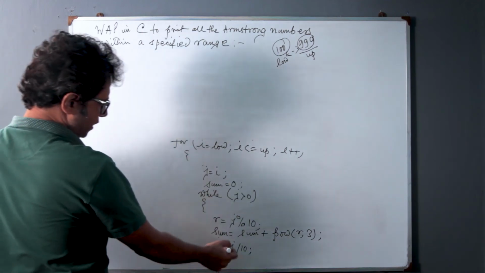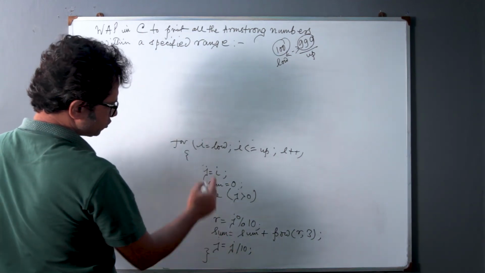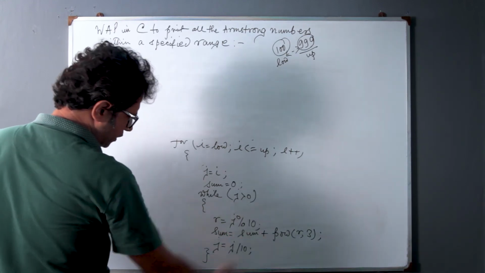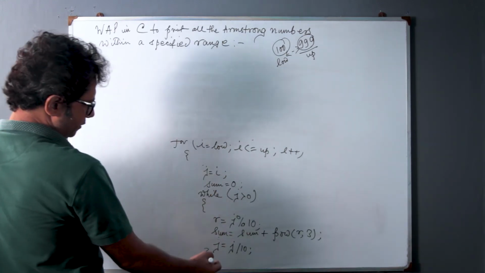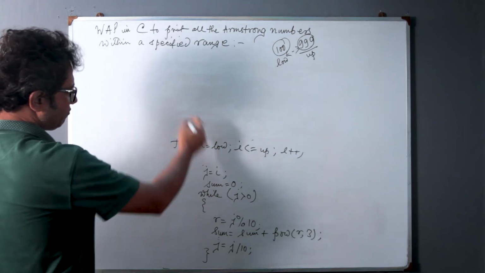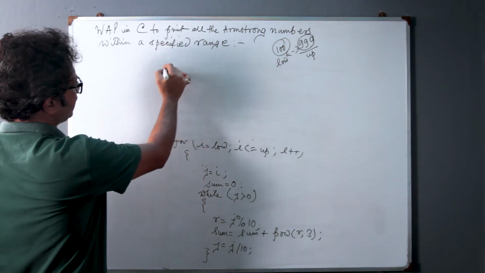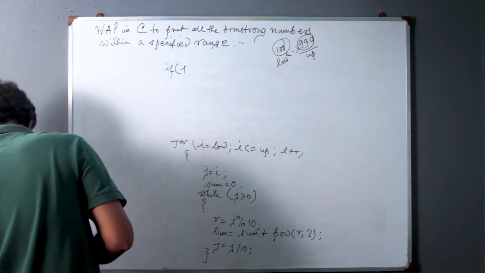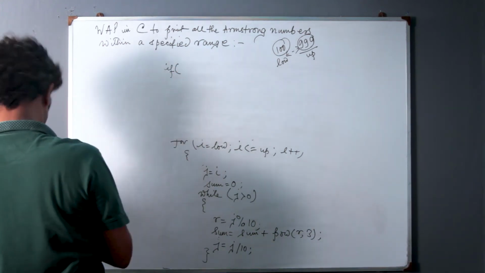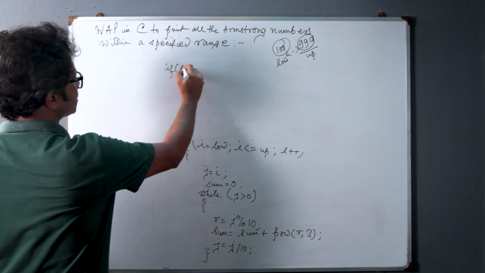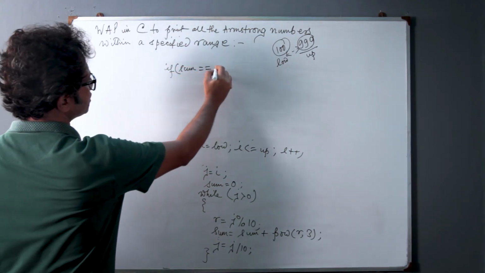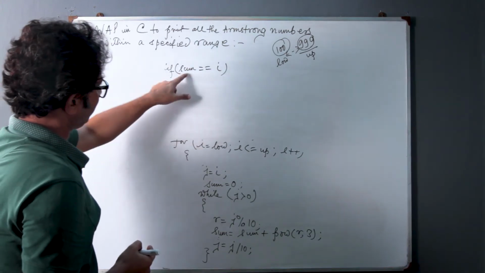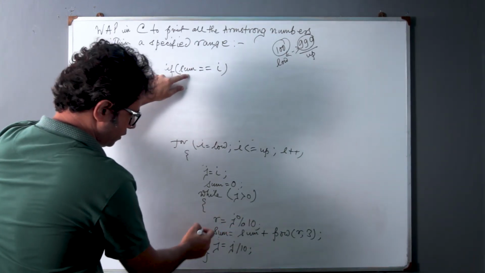Now let us see whether this sum matches with the original value. So if we write an if over here, if sum equals i, because the original number is stored in i, and the sum is calculated in this loop.